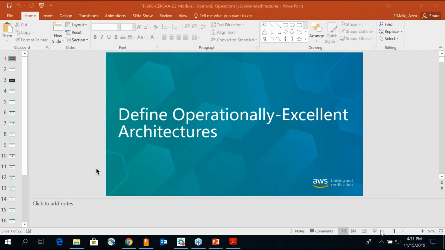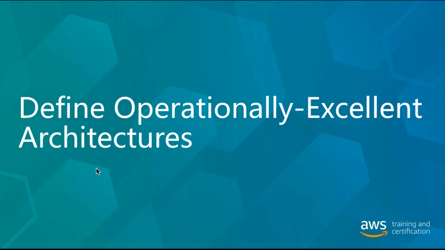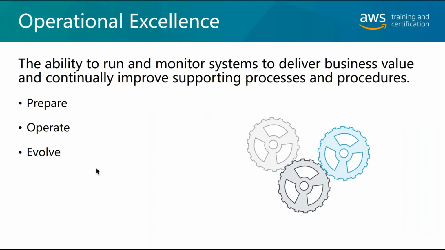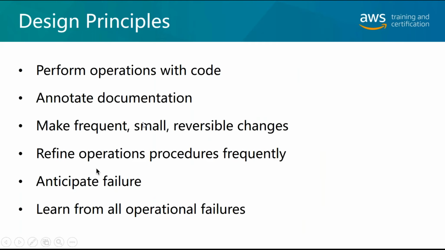So, operational excellence. Once you have an architecture and design, what you want to do is continually run and monitor systems, and also deliver business processes and procedures.